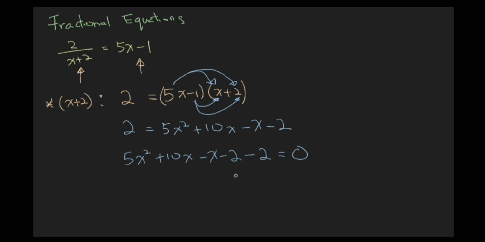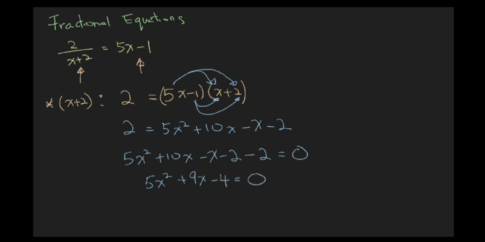Let's simplify this term, and you will have 5x squared. Now 10x and minus x can be combined to give you 9x. Minus 2 and minus 2 will give you minus 4.